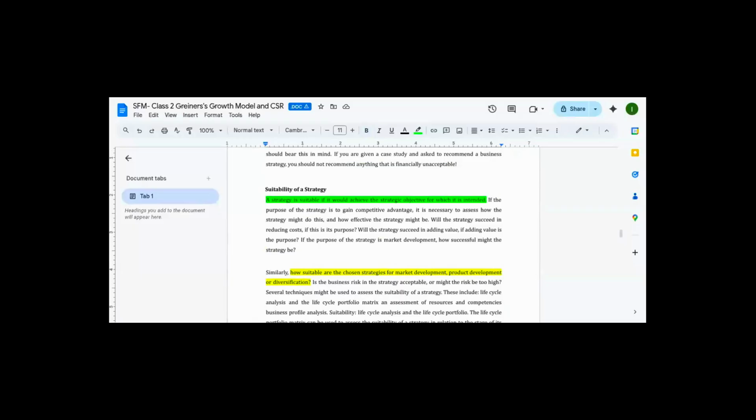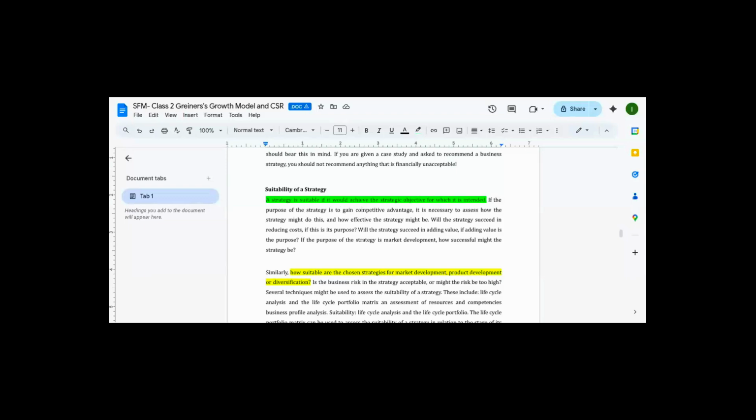Strategic objective, take note. But if in the exam they use strategic intent, intent is the same thing. Strategic, if we can achieve the strategic objective for which it is intended. For instance, if the purpose of the strategy is to gain competitive advantage, that means the reason why they implement or adopt that strategy is because the company wants to improve on their competitive strengths.